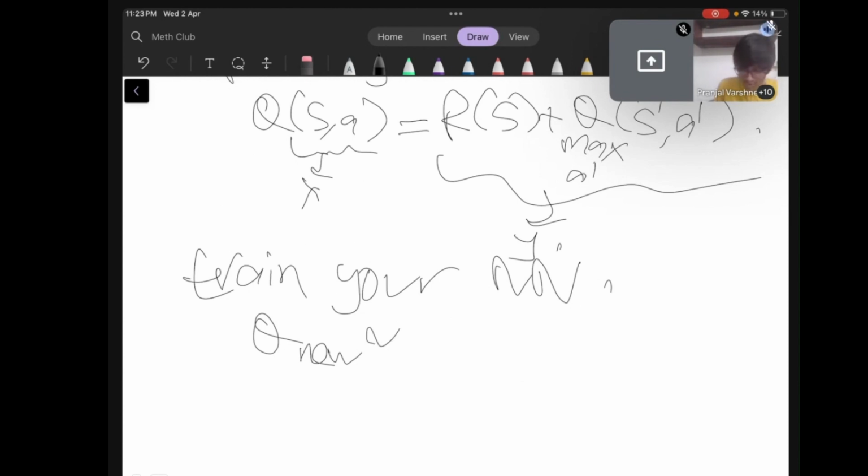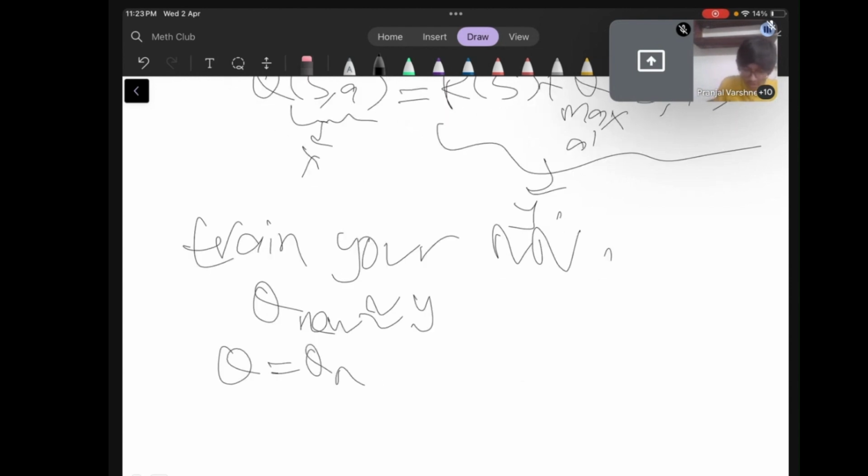Q new will be approximately equal to the y of the training data that you gave before this run, because we're not trying to get a drastic change. Then you set Q to Q new, and you repeat everything.